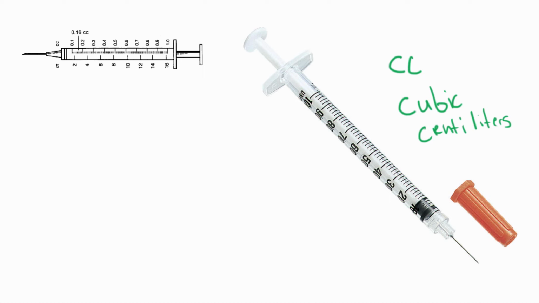So this looks to be pretty precise, and you'd want to be if you're giving somebody a shot of some sort. And even here, this is a drawing, but it looks like it's even more precise. There are smaller intervals. This is 70 and this is 80, and I see 1, 2, 3, 4, 5 spaces. This is counting by 2, and this looks to be counting by 1. So there's 10 here and there's 5 here. So this one looks to be even more precise than this syringe on the right-hand side.